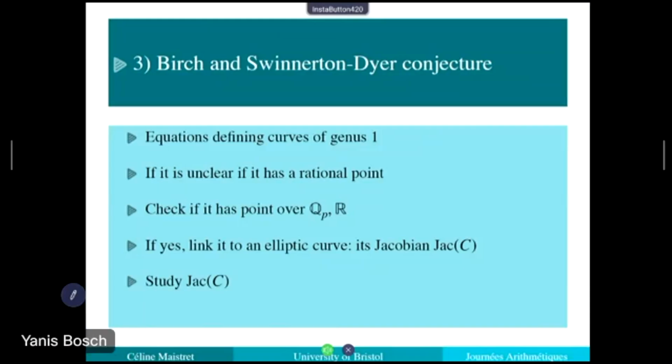So it is possible for a genus 1 curve to be everywhere locally soluble, namely have a Q_p point for all p and an R point, and yet fail to have a rational point. And the question of understanding whether it's the case is a very hard problem.